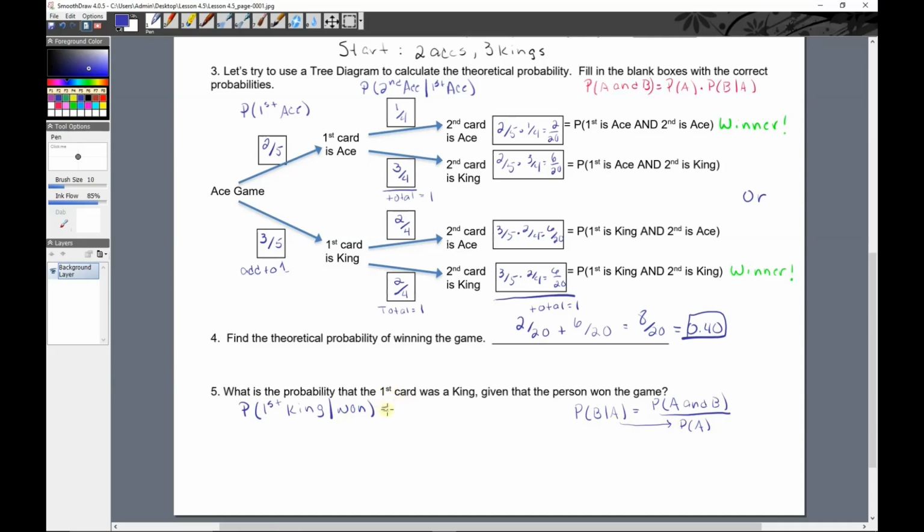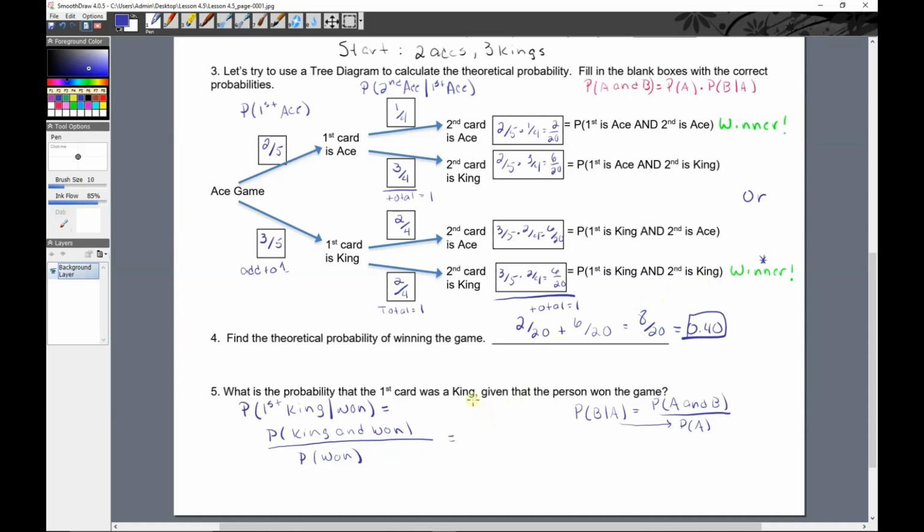So let's go ahead and translate that into our events. This will be the probability of a king and winning, or king and 1, divided by the probability of winning, which is the probability that you won. All right, we know those things. King and 1 is this right here, because you got a king on the first and you won.